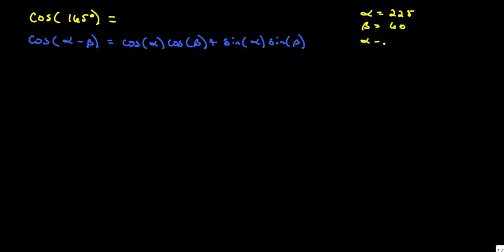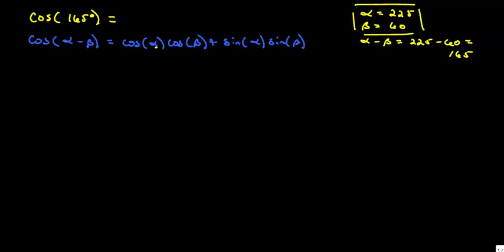Then alpha minus beta is 225 minus 60, and that's going to give us 165. So this is one of the infinite combinations that you could use.